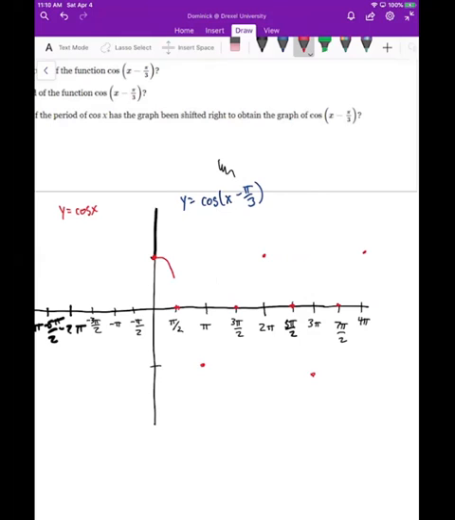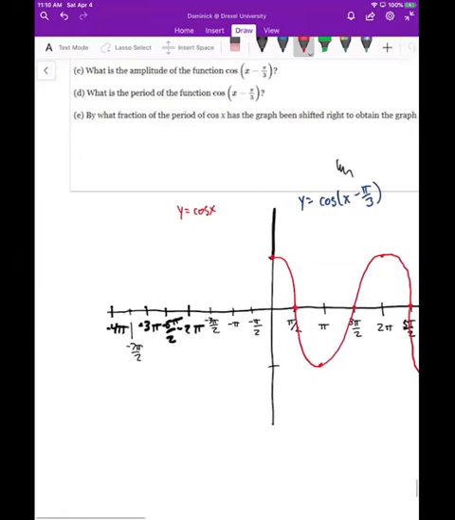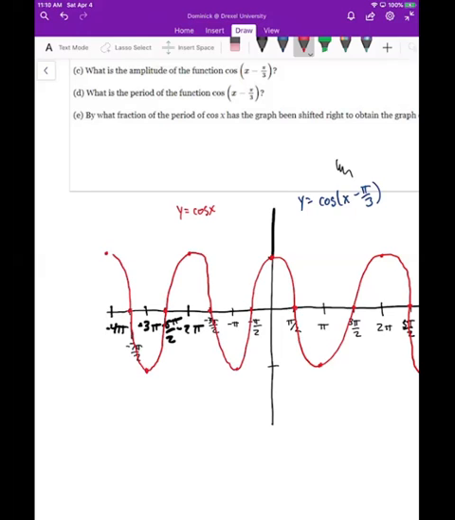Okay, so then we'll connect these. Something like this on the right side. And then on the left side, we'll get the reflected version, which in the cosine case is actually the same thing. So we get this. Okay, so there's my cosine of x.